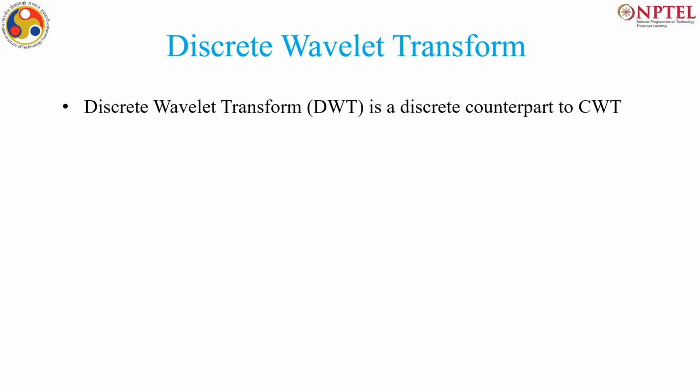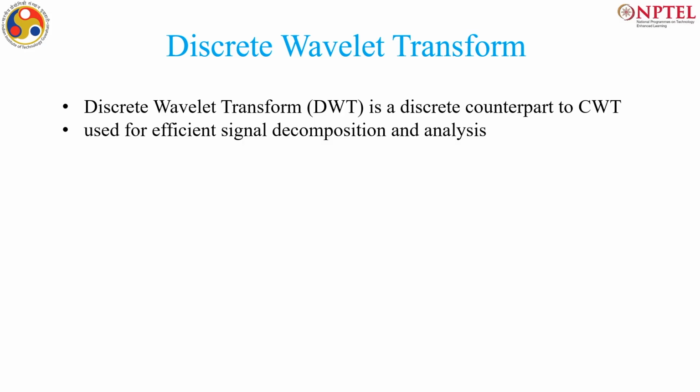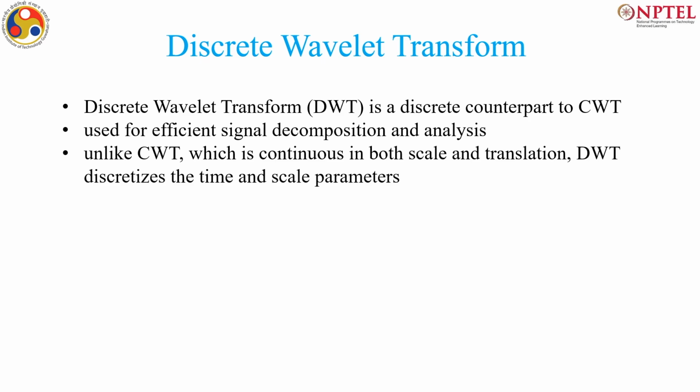So what is DWT? It's the discrete counterpart of our CWT and this is used for efficient signal decomposition and analysis. But what is the difference? The main difference is that in CWT we had our scale and translation which is continuous.